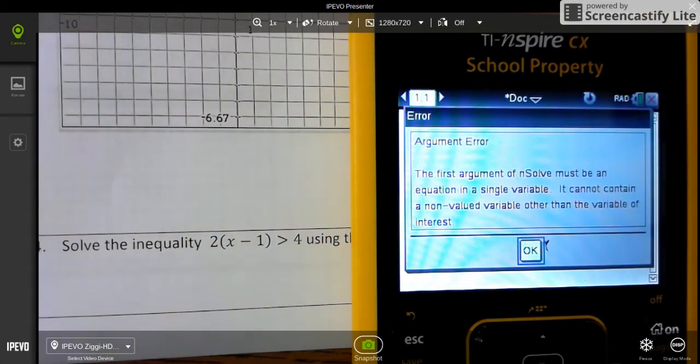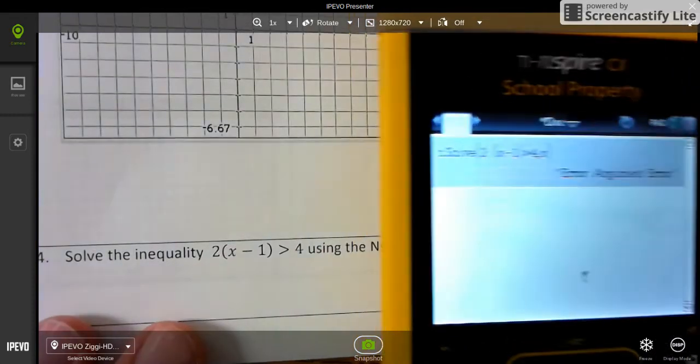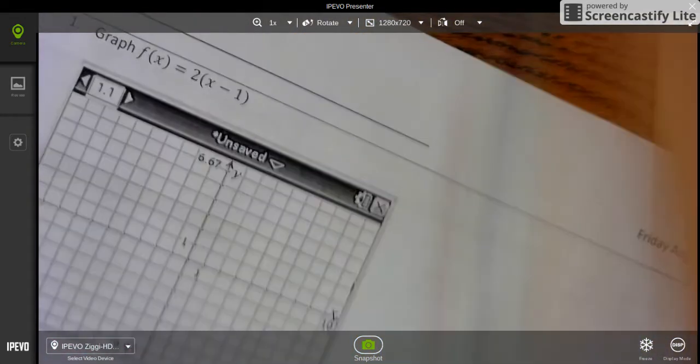Now you notice it gives you an error, but it's a very specific error. It says the first argument of nSolve must be an equation. So this is not an equation, so you can't use nSolve. You're going to have to solve it algebraically. Okay, let's move on to number 5.